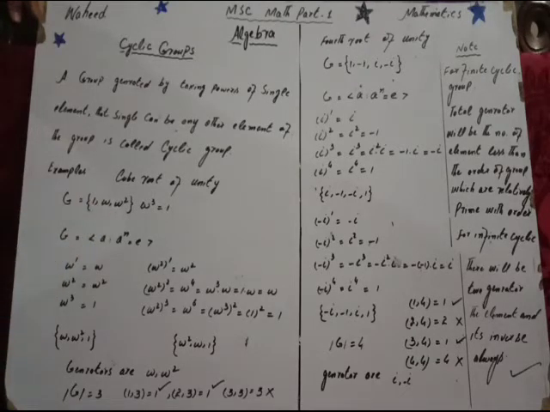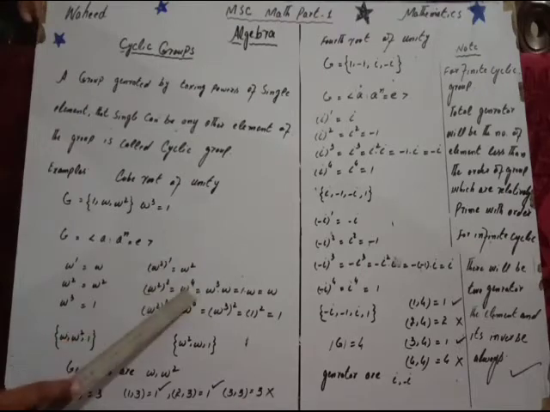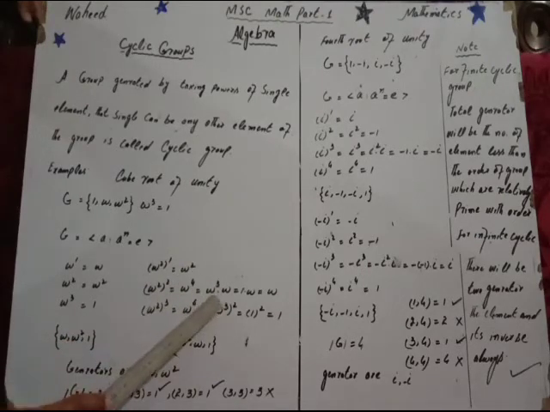Now, on the other hand, we take omega square. Omega square power 1 is omega square. Power 2 is omega 4, which can be written as omega cube into omega. Omega cube is equal to 1, so it is omega finally. Power 3 is omega 6, which is omega cube raised to power 2, that is 1 raised to power 2, which is equal to 1.